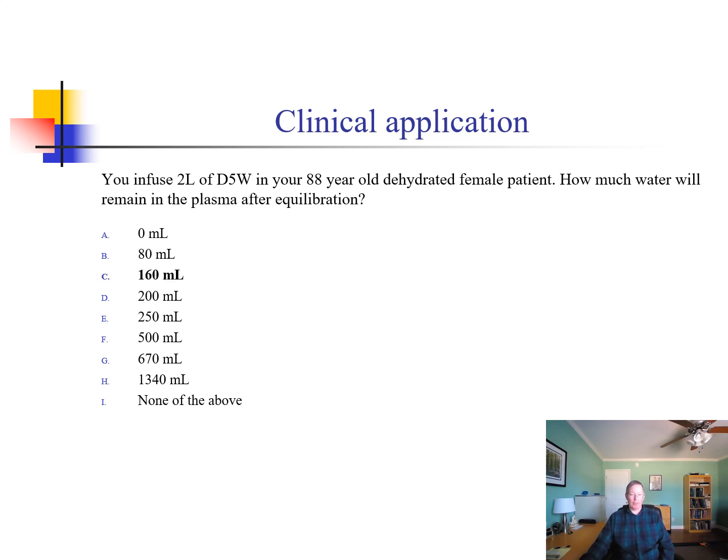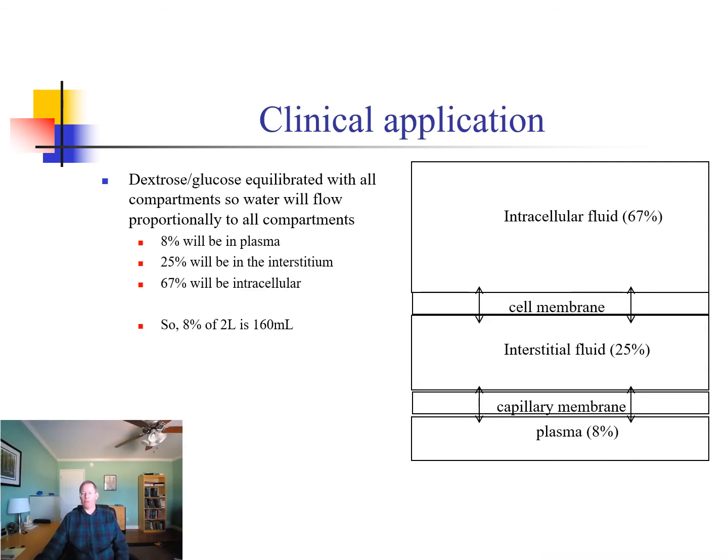So remember that the plasma is going to comprise about 8% of my total body water. So if I have 8% of 1 liter, that's going to be 80 milliliters times 2, that's going to be 160 milliliters. Let me show this a little differently.